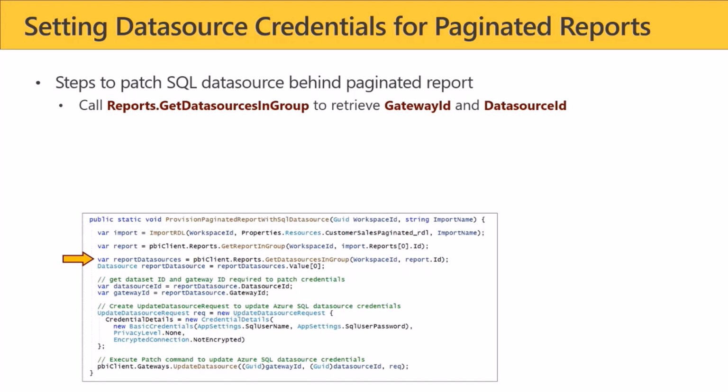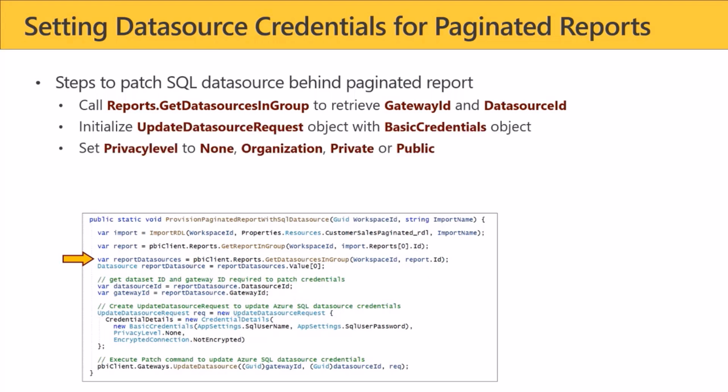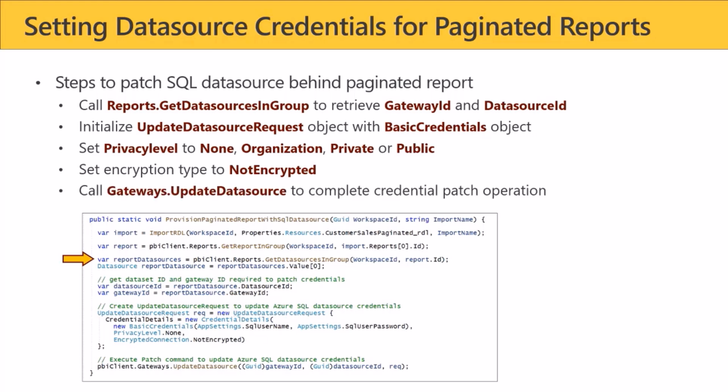Here, you're calling reports.get data sources in group. And once again, this only works for paginated reports that have their own data sources behind them. And then what you can see is that everything else, including the call to gateway.update data sources, is the same as what we've seen before.